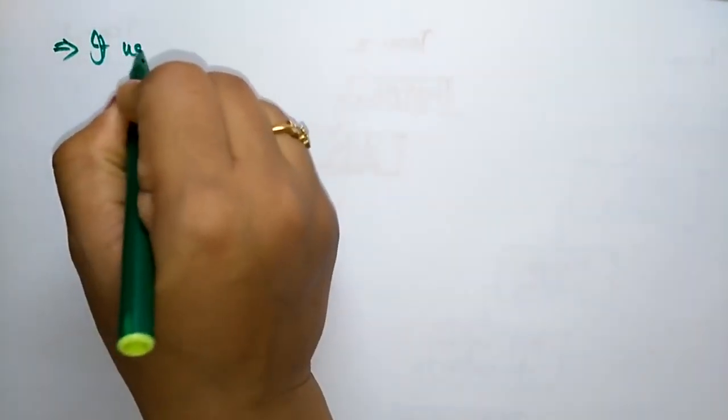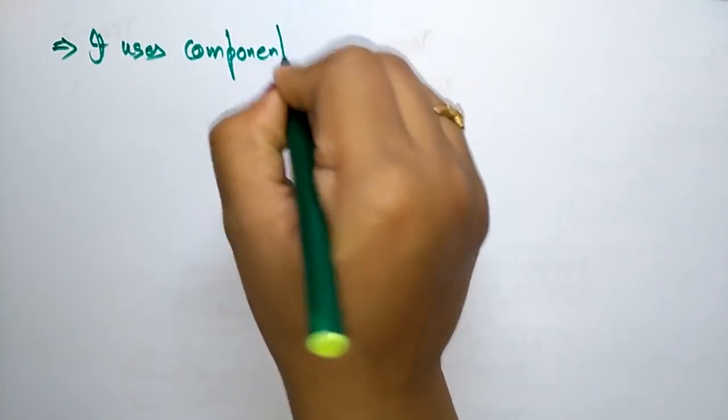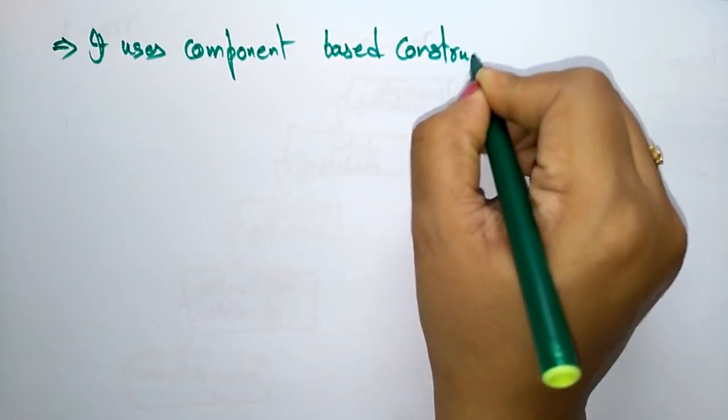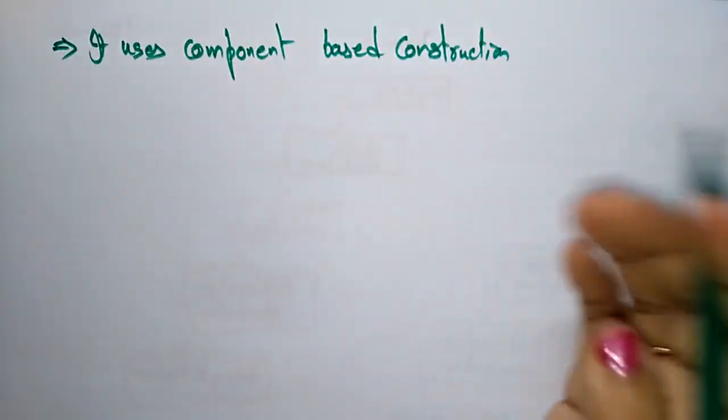So let me write the points. This RAD uses component based structure. The first thing is it uses component based construction and emphasizes reuse and code generation also.